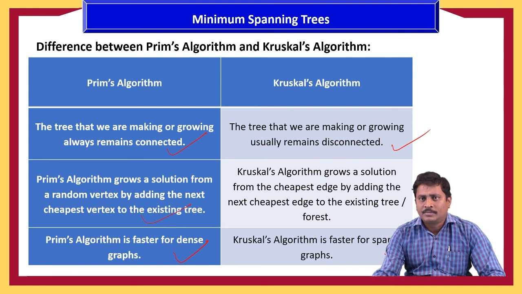Prim's algorithm grows a solution from a random vertex by adding the next cheapest vertex to the existing tree. In Kruskal's algorithm, first you sort all the edges in increasing order, choose the cheapest edge, then the next cheapest edge, and connect it to the existing tree. Prim's algorithm is faster for dense graphs, whereas Kruskal's algorithm is faster for sparse graphs.